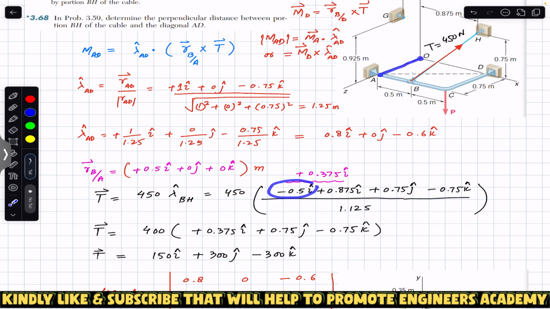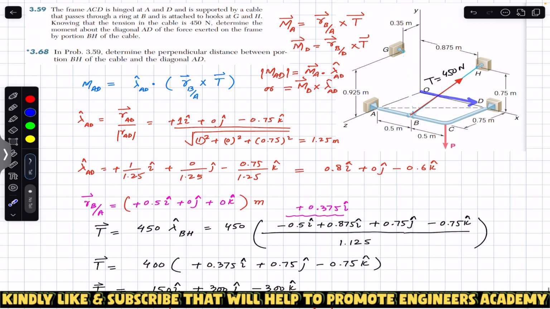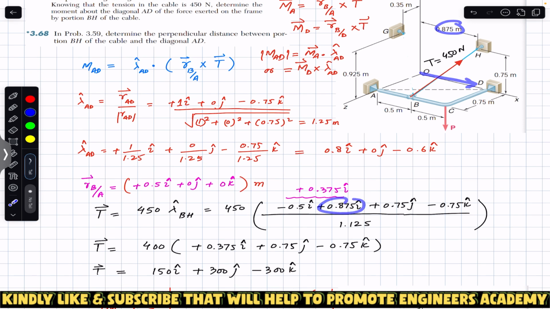Then from here we need to travel 0.75 in the negative Z, or 0.75 in the negative K. Then we need to travel this much distance, 0.875 in the positive I, we will reach somewhere here, and then from here we need to travel 0.75 meters in the positive j.